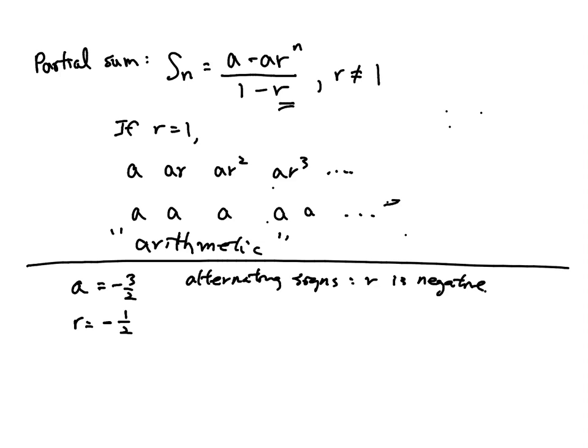So to find the partial sum, we have 1, 2, 3, 4, 5, 6, 7, 8, 9. There are 9 terms, so our n is going to be 9.